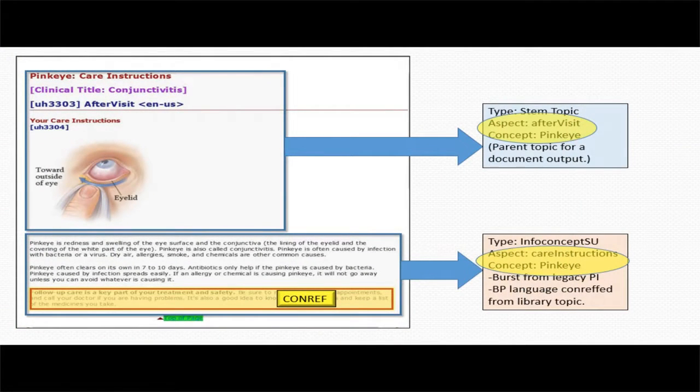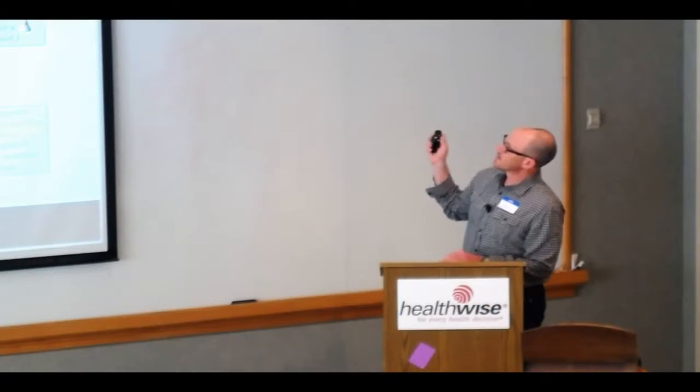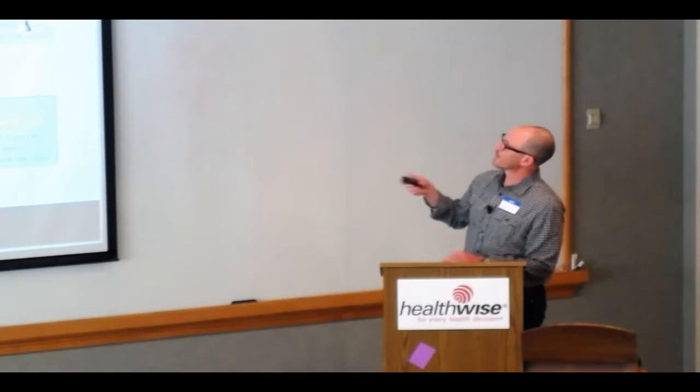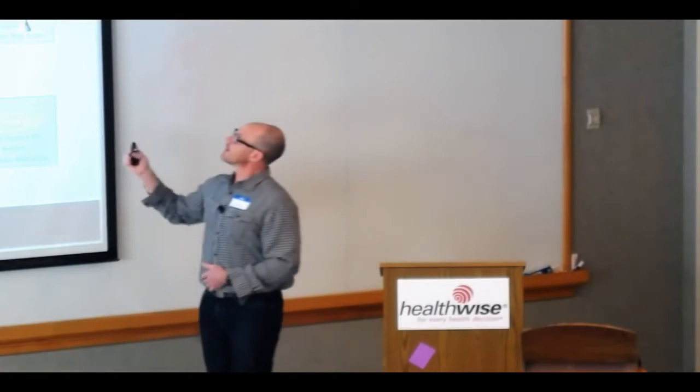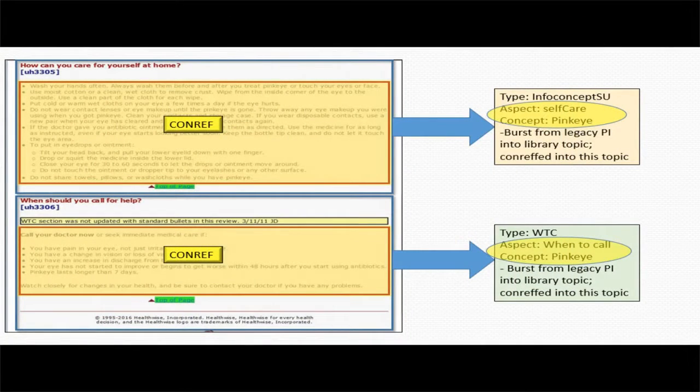From these two things, we get broad categorization and we get specific categorization. For instance, here we've got a piece about, this is that same patient instruction on pink eye, and we've got the piece about how do you care for yourself for pink eye.